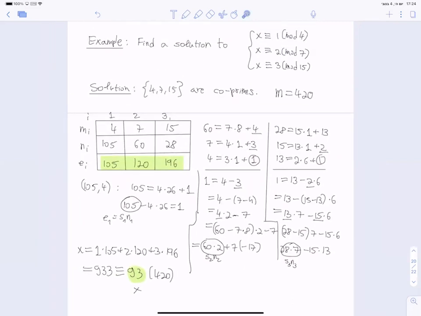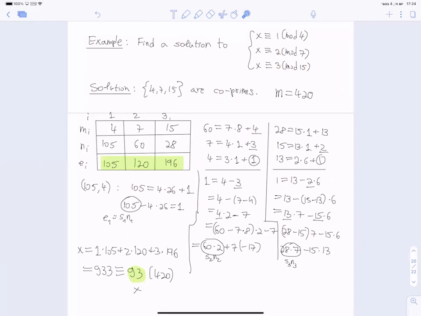Let us check. 93 modulo 4 is 1. 93 modulo 7 is 2. And 93 modulo 15 is 3.